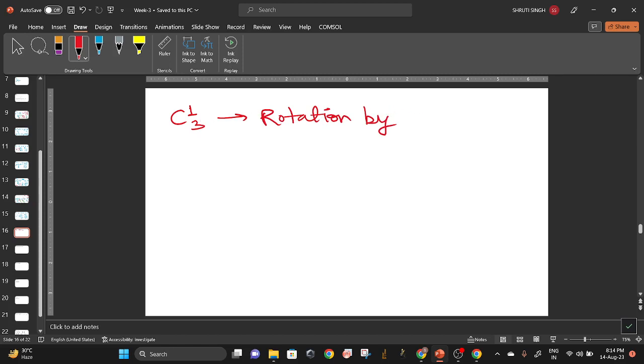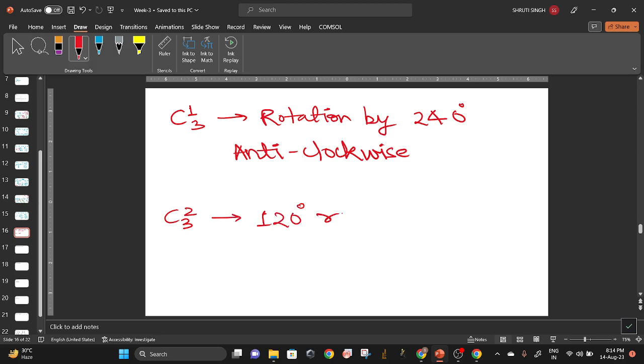When you say apply C3, we have to apply anti-clockwise rotation by 120 degree. When it is C3 squared, then you have to apply by 240 degree rotation, that is clockwise.